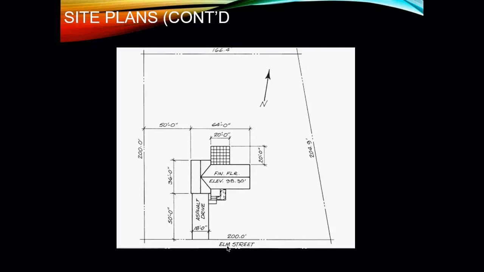It will give you maybe the street name of where this building is going to be orientated. As you can see, it gives you a lot of information, a basic idea of where the home is going to be orientated. And here is our compass. In this case, facing in this direction, this is north. So if we were to draw a straight line all the way down, this back corner of the home is technically the north end of the house.